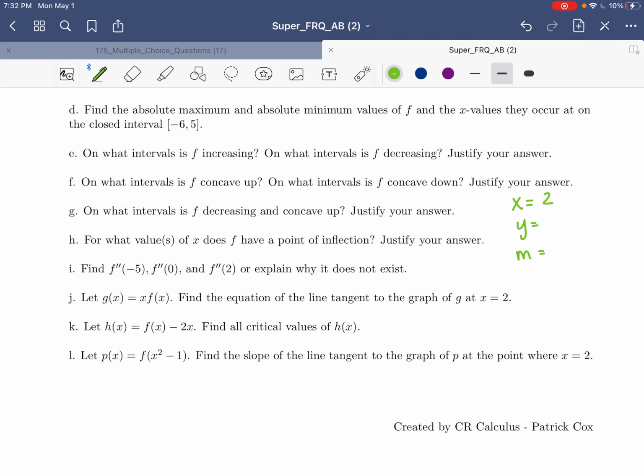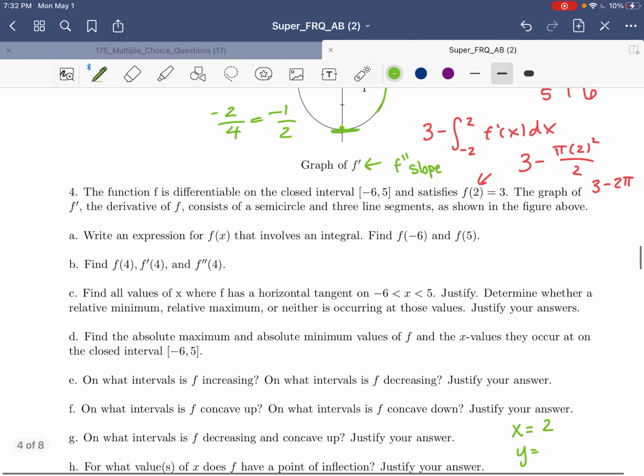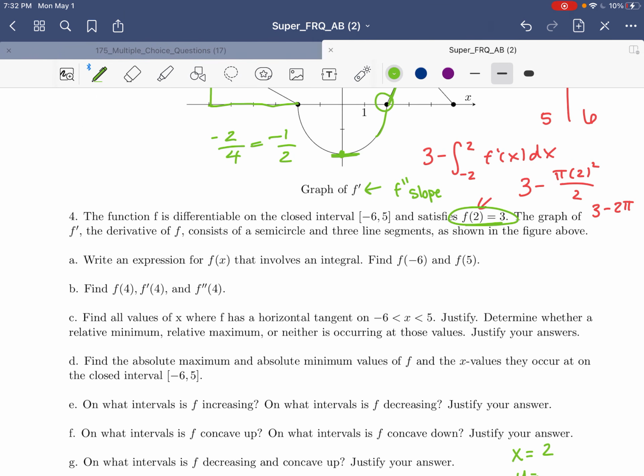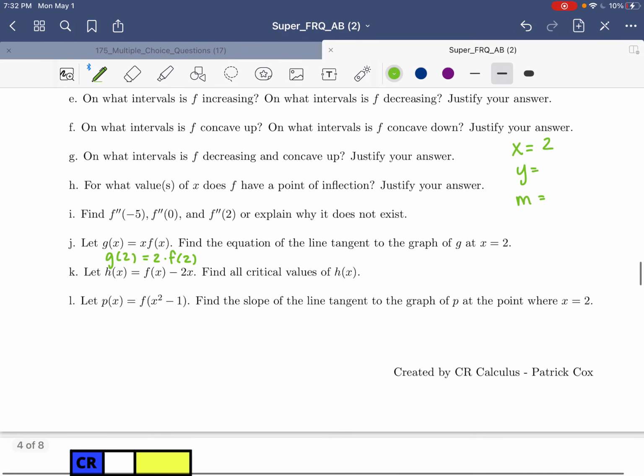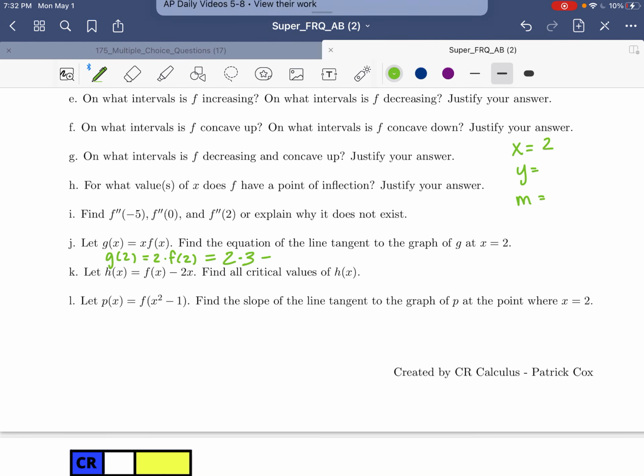They tell us x equals 2. So if I plug in g of 2, it's going to be 2 times f of 2. Up here they tell us f of 2 equals 3. So it's 2 times 3 equals 6.